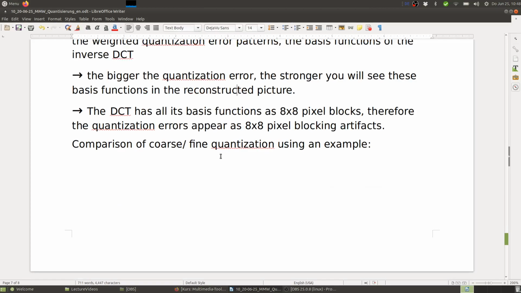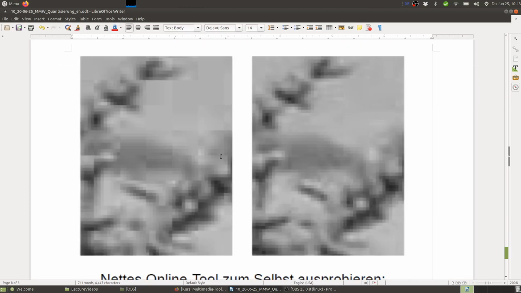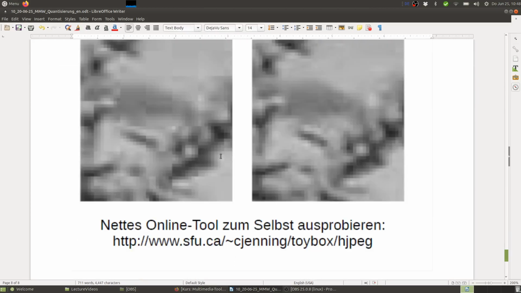And finally here's a comparison where you can see those blocking artifacts. This is a small enlargement of an image, and here you can see those 8x8 blocks as blocking artifacts right here in this image. And this is the result of the superposition of those basis functions.